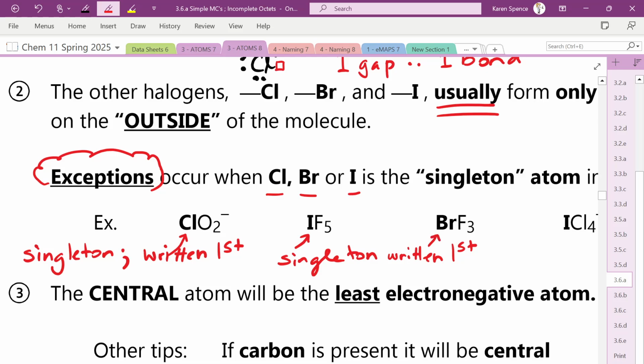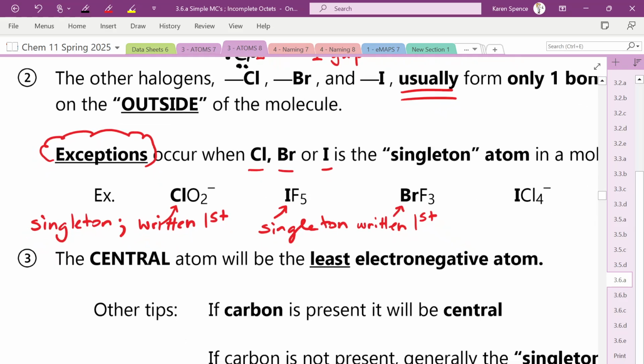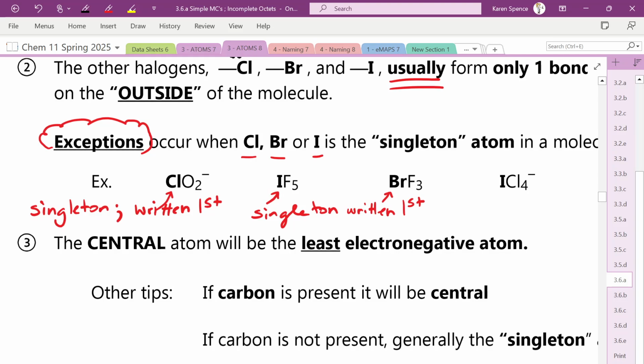Okay? That's the only time when they're going to go in the middle. Fluorine, though, never goes in the middle, and we'll talk about why a little bit later. The central atom is always going to be the least electronegative. You don't know what that word means, but it means the furthest left and down on the periodic table.